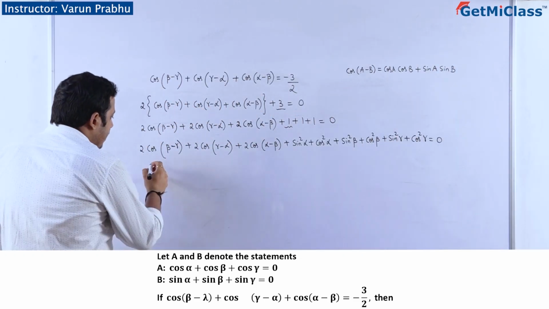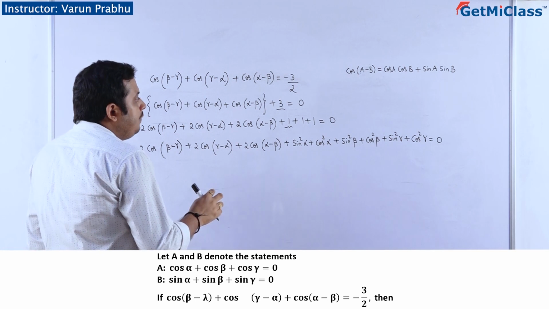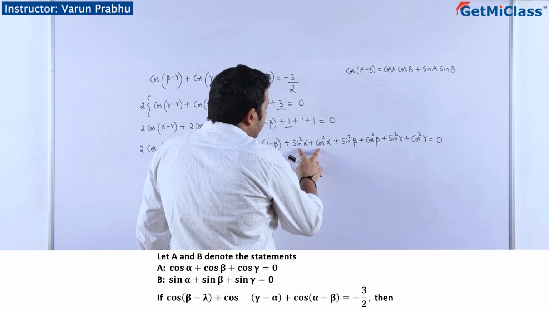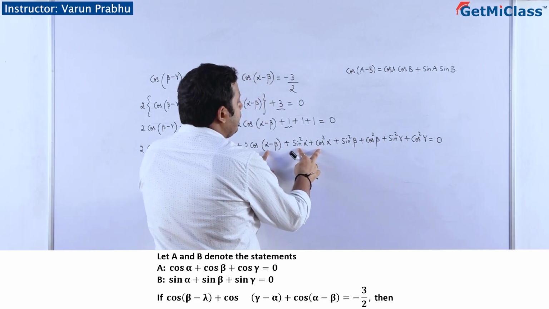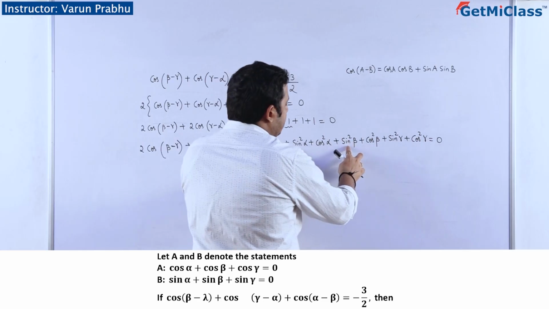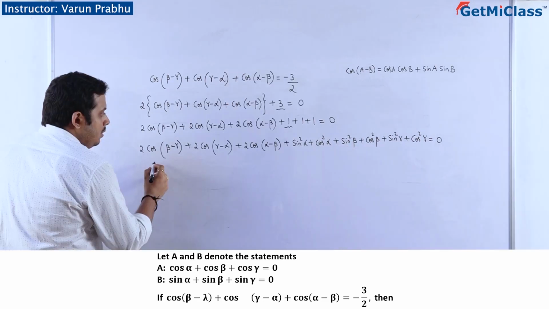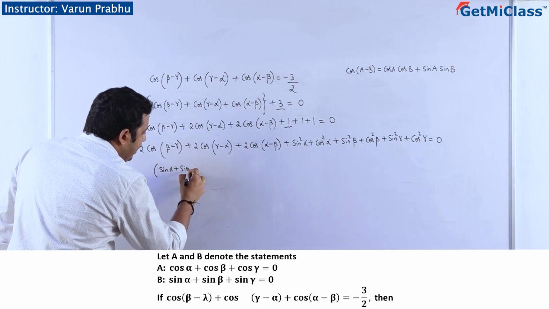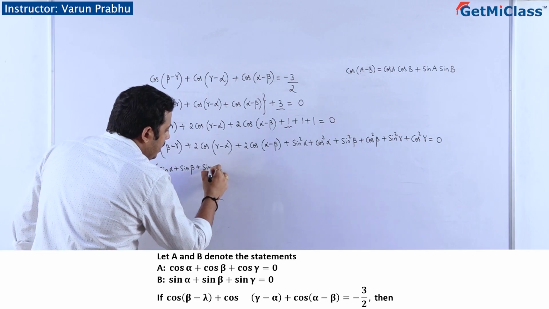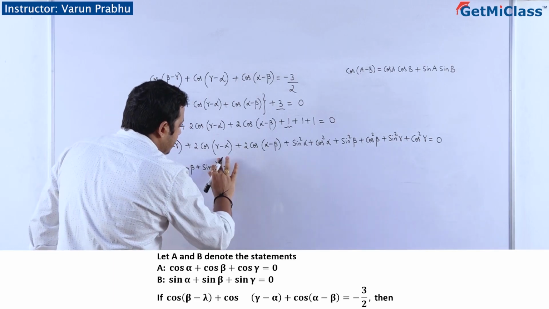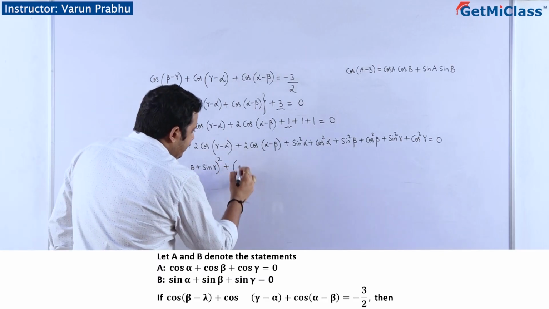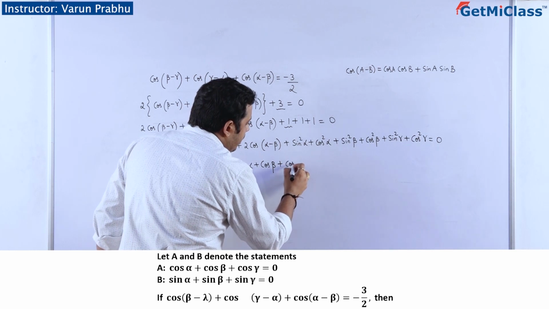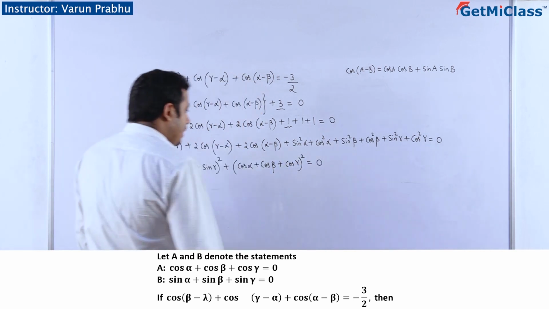See here, we can write this as sin squared alpha plus sin squared beta plus sin squared gamma, so this becomes the whole square of sin alpha plus sin beta plus sin gamma, plus the whole square of cos alpha plus cos beta plus cos gamma, that is equal to 0.